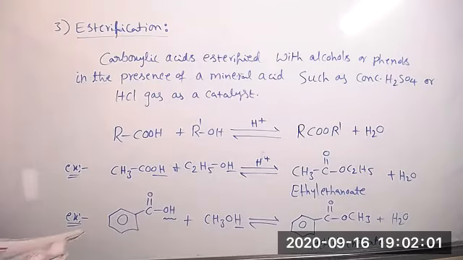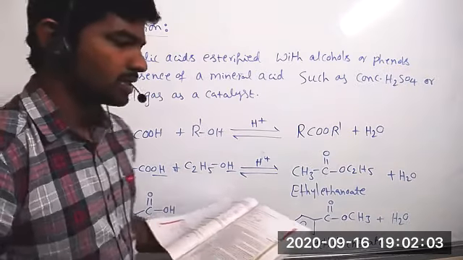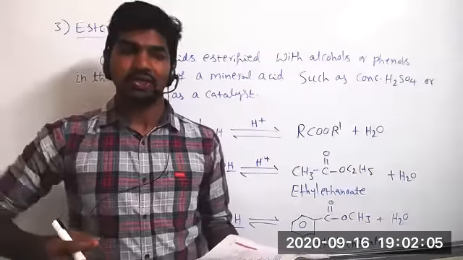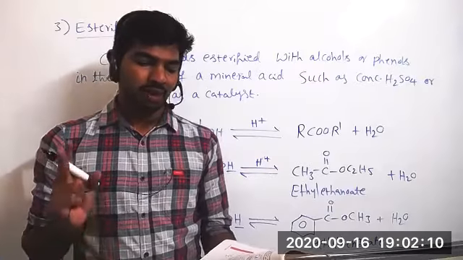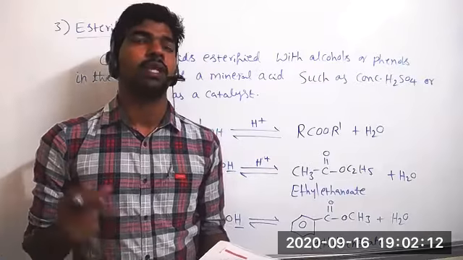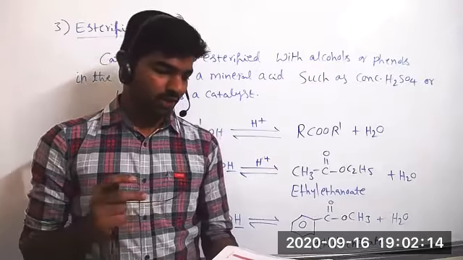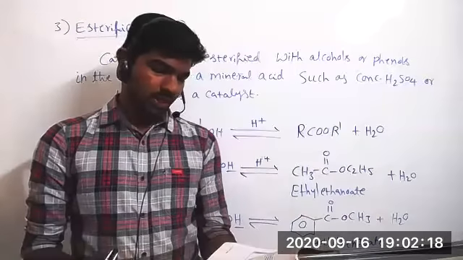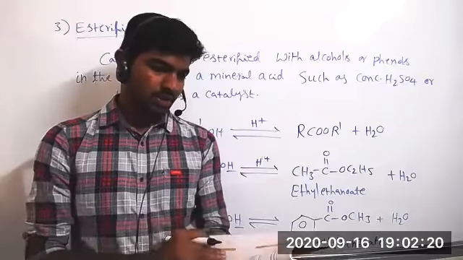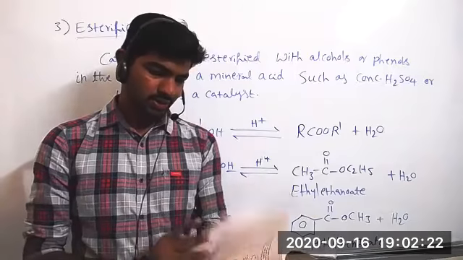Okay, see, next week I will conduct one test on the alcohols, phenols, and ethers chapter. Before the test, I will give you 1 week time. Next Wednesday, you submit this assignment work: example questions and in-text questions.